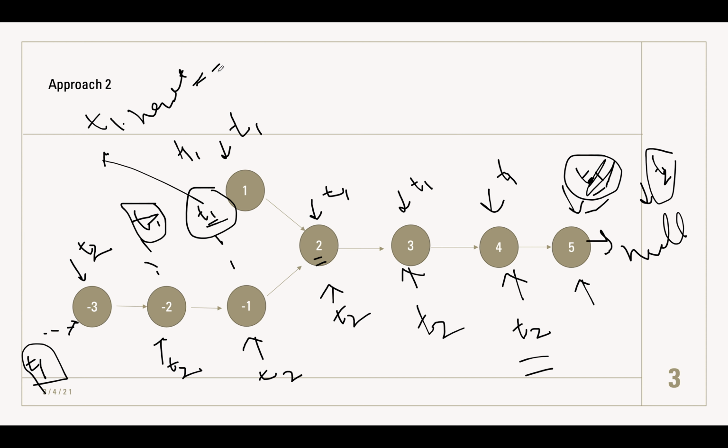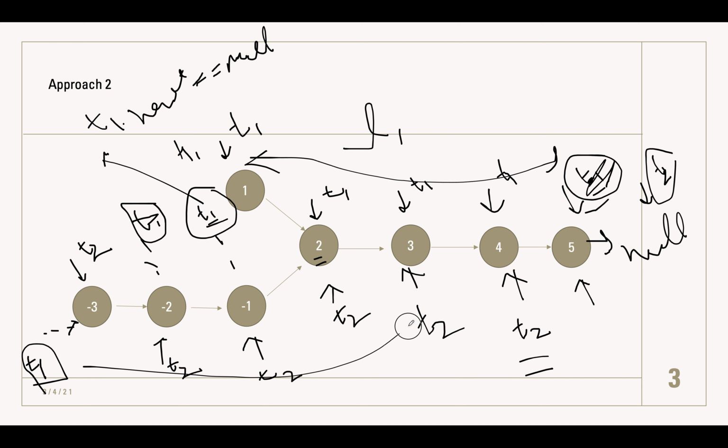So if you want to understand the mathematics behind it, what we are actually doing, we are moving the first pointer up to a length of L1, and similarly we are moving the second node up to the length of L1. So this also moves up till L1, and how many nodes will be left in the longer list?